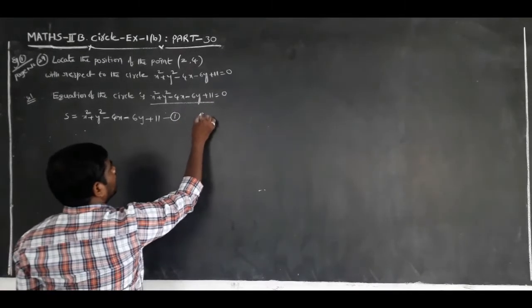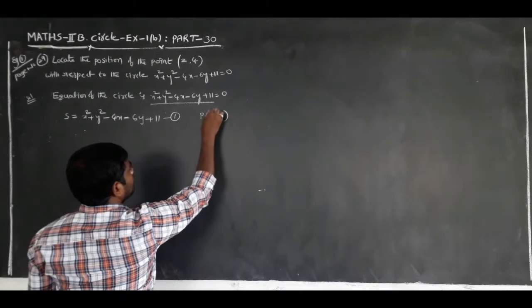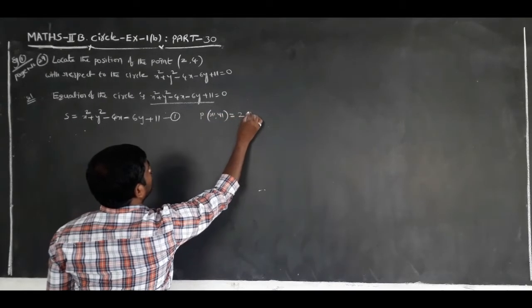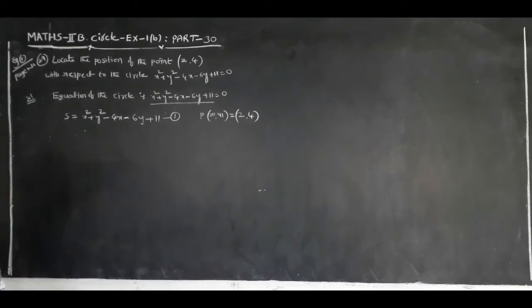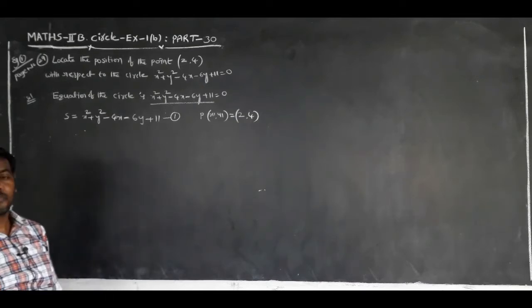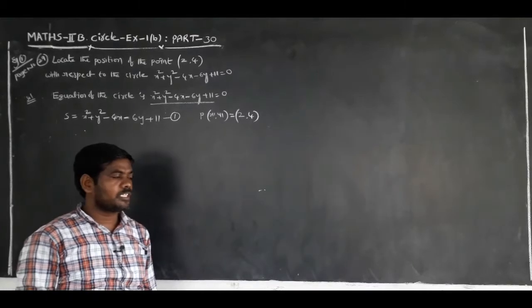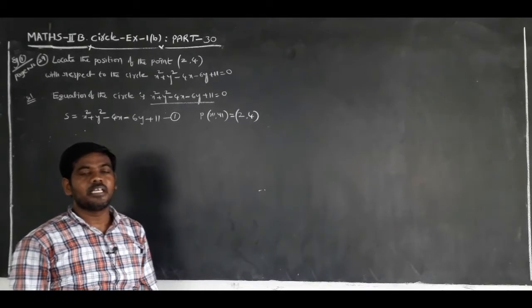Here the given point P(x1, y1) is (2, 4). The position of a point with respect to a circle is S11.